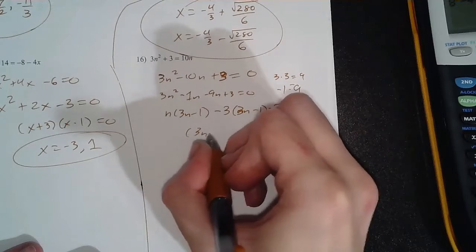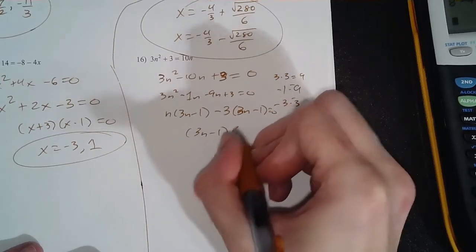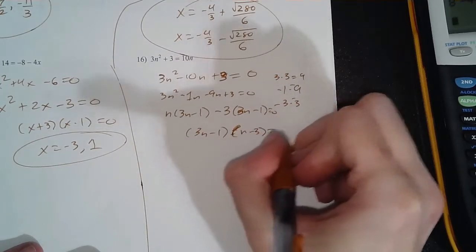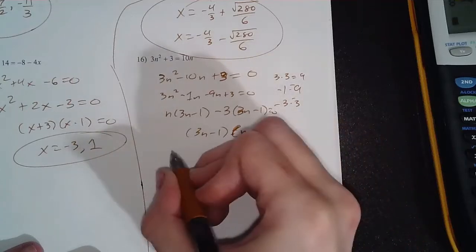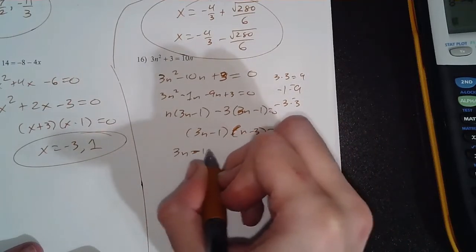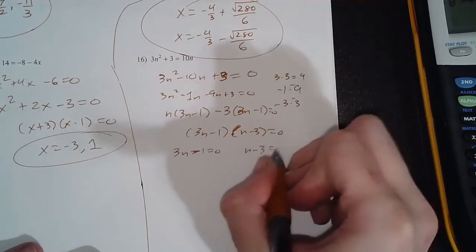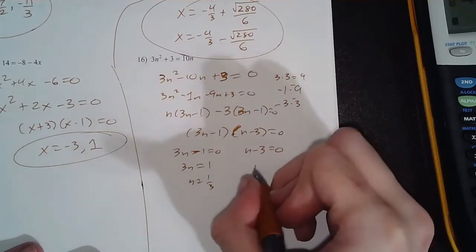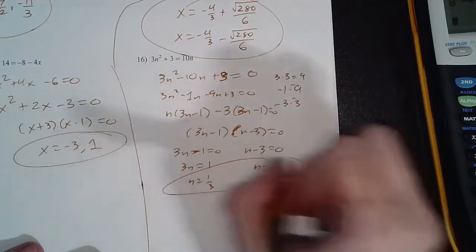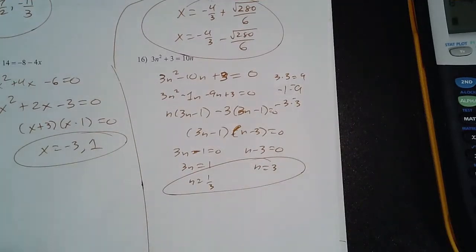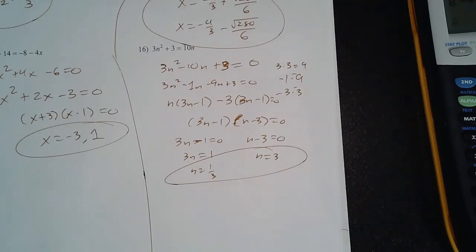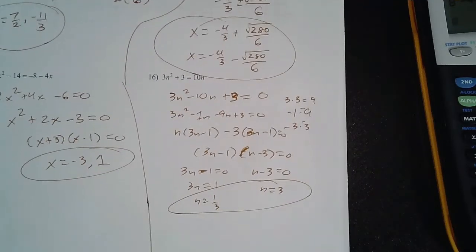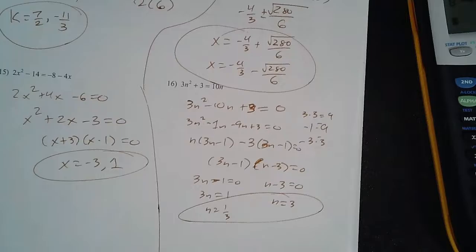And I get 3n minus 1 multiplied by n minus 3 equals 0, and therefore 3n minus 1 equals 0, n minus 3 equals 0, 3n equals 1, n equals a third, and n equals 3. Again, quadratic formula if you want. Complete the square. I don't really care which method you use. Pick your favorite. Get it right. Use a calculator. Have fun.